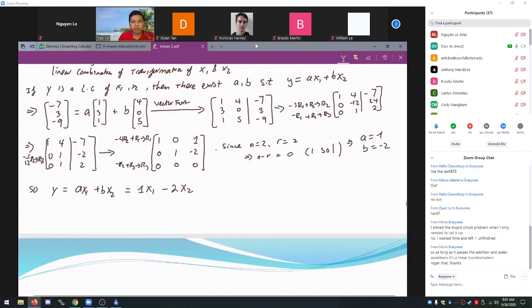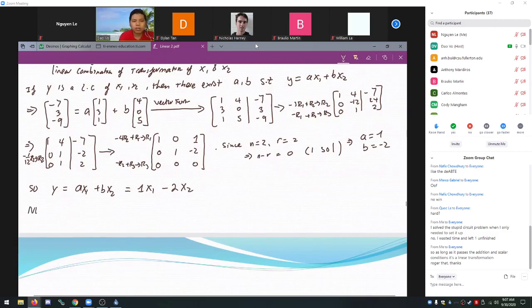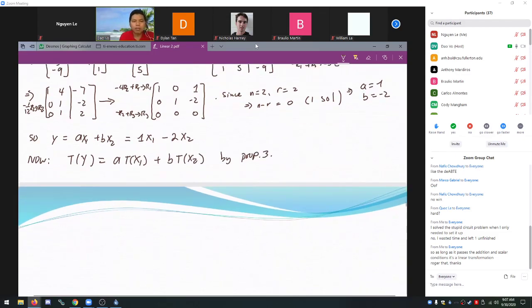All right. So now T of y will equal a T of x1 plus b T of x2 by property 3. Therefore, T of y is equal to 1 times T of x1 minus 2 times T of x2.